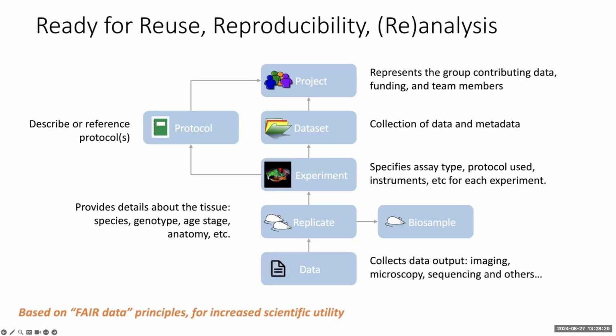We generally take a protocol document or maybe a reference to a published protocol, so you don't have to repeat all of it in our database, but you can provide the information so that other consumers of the data, as you're looking for data, will be able to find the protocols that were relevant to the data within each data set.